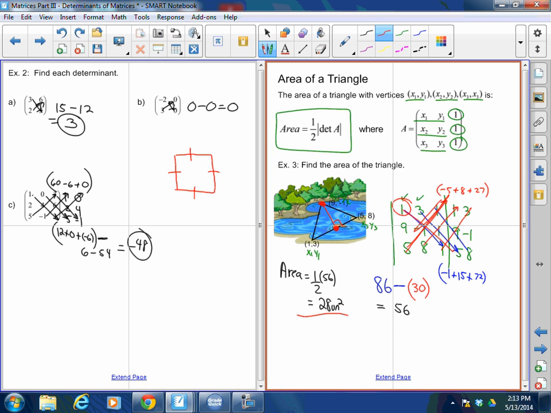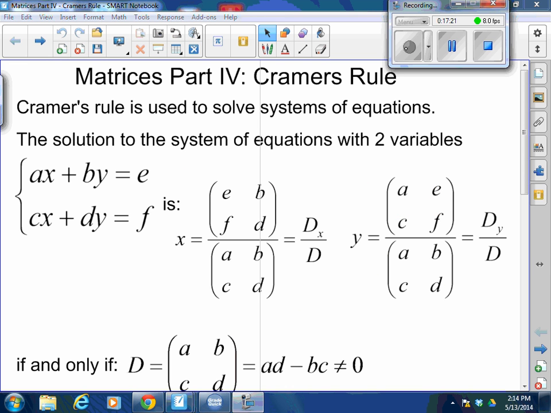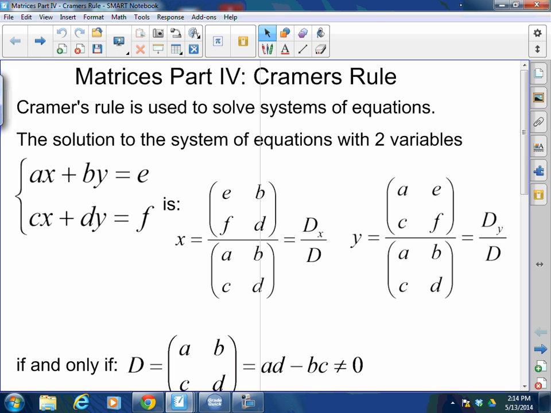Okay? Now, let me just start with Cramer's rule, so that way tomorrow we kind of can just keep flowing, okay? So give me 1 second, let me pull that up. Okay, guys, now, determinants. We already saw how we use them for area.